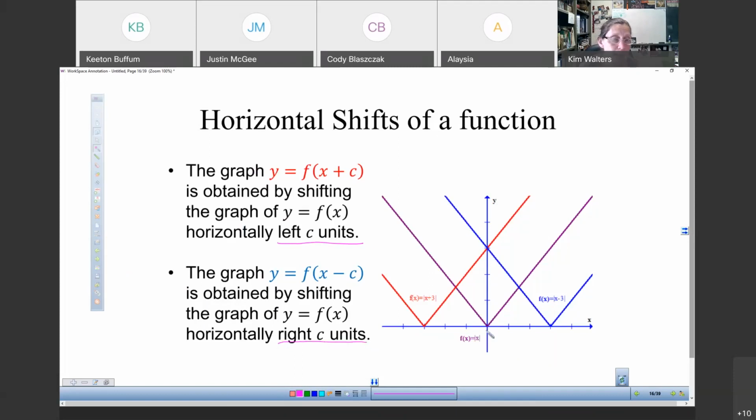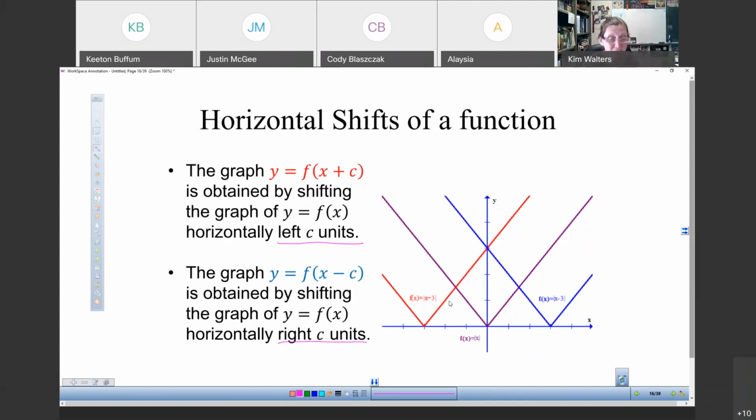And so my absolute value of x is my V shape here. If I did plus 3 inside, now notice I'm inside that absolute value, and this is that big difference. The vertical shift was the absolute value of x plus or minus something. This is the absolute value of x plus or minus something, okay?